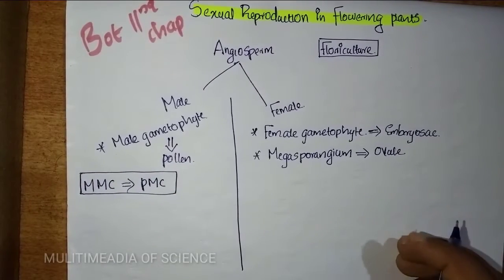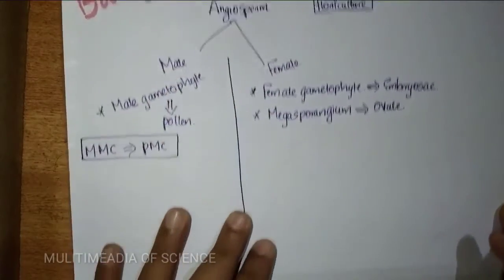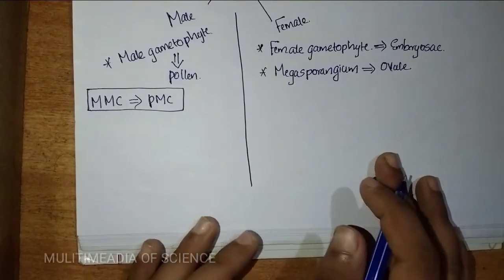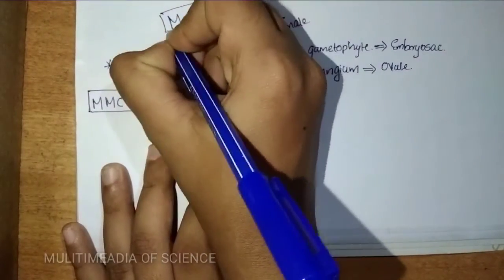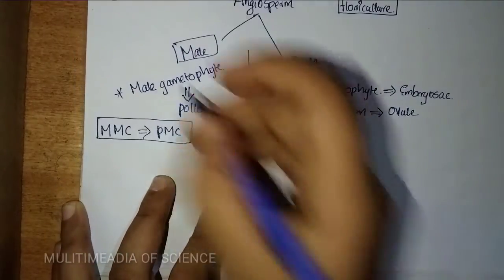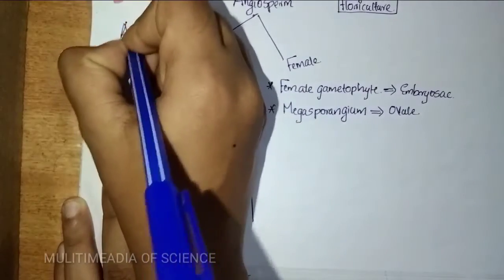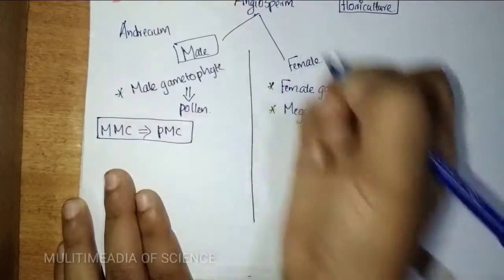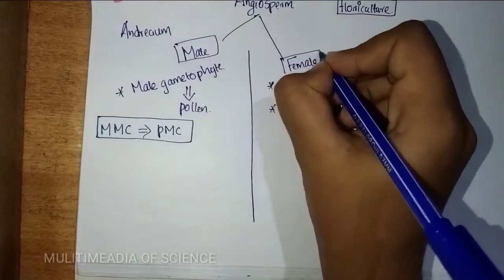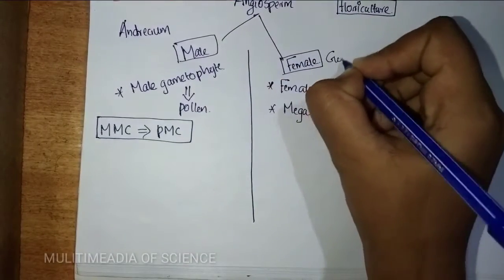Let's start with our section. The male part is called androecium, and another name for the female part is gynoecium.